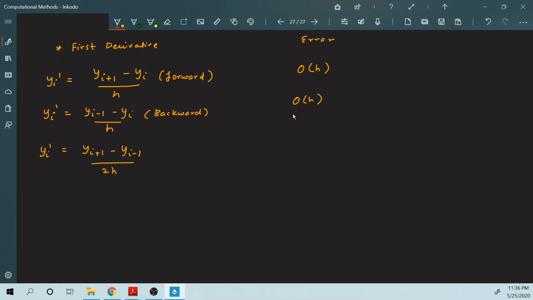Then there is this formula. Understand that the denominator is 2h, and this is centered, but this time the order of magnitude of truncation error is h square. That means this is more accurate than forward and backward. Similarly, there is another formula for the first derivative.